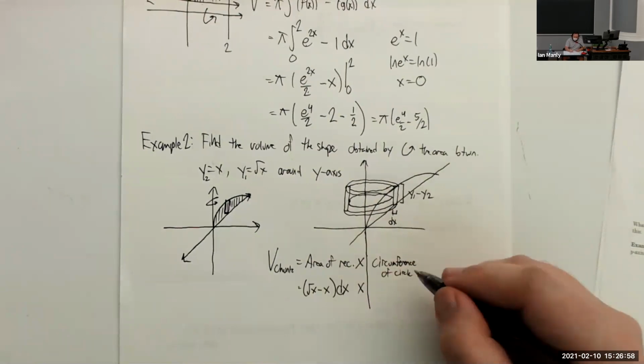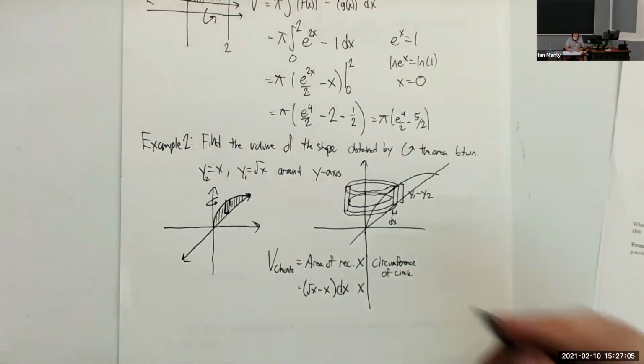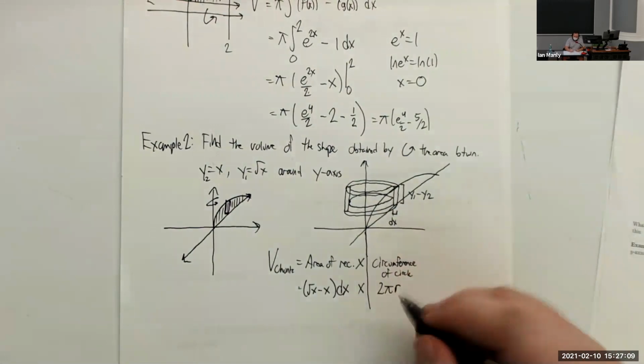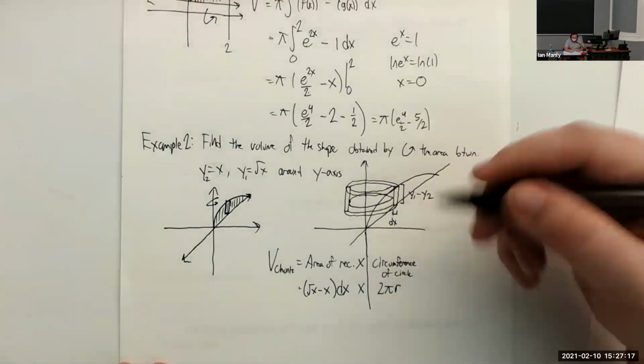Now let's see what the circumference of our circle is. So what's the formula for the circumference of a circle? You guys remember that? Yeah, it's going to be 2 pi r, right? Now we don't have an r on this problem. We only have x's and y's. So we need to convert this to be an x and a y. Now let's see what a good name for our radius would be.